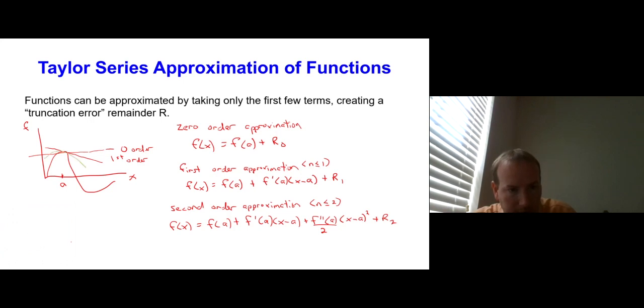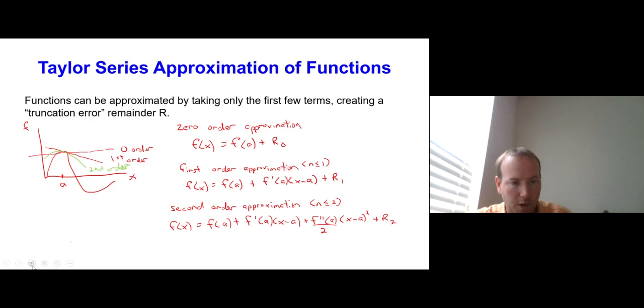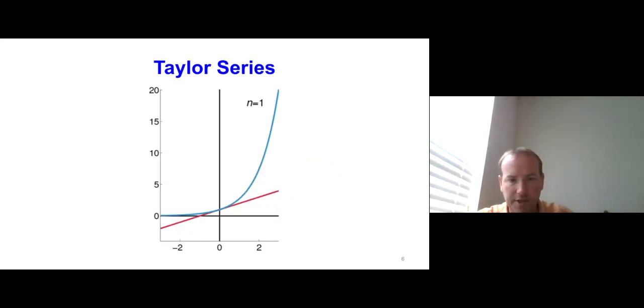A second order approximation is going to be a little bit better at approximating the overall function, but it's going to be a quadratic shape and not identically follow the curve. So let's see, I've got a little animation here that shows this a little bit better than my own hand sketches.